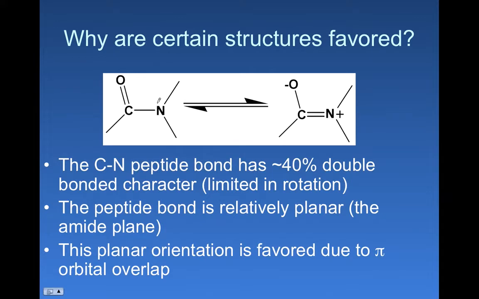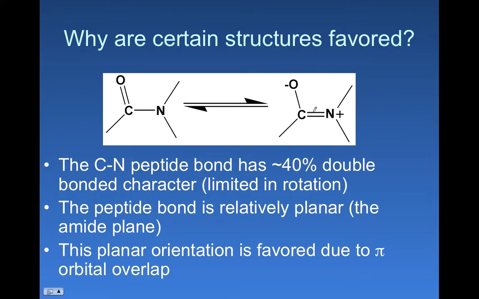If we look, right, this nitrogen has a lone pair on it. That lone pair can come in, form a double bond between the carbon and the nitrogen, and two of the electrons from the carbonyl group can jump out onto the oxygen to form a negative charge. And so there is a resonance structure for the peptide bond that causes this carbon-nitrogen bond to have some double bonded character to it. And we know that double bonds can't freely rotate.